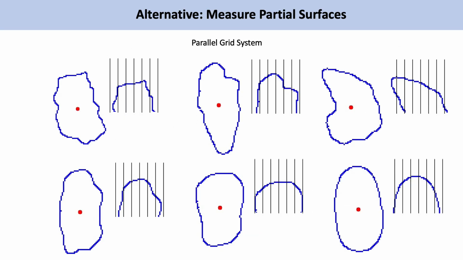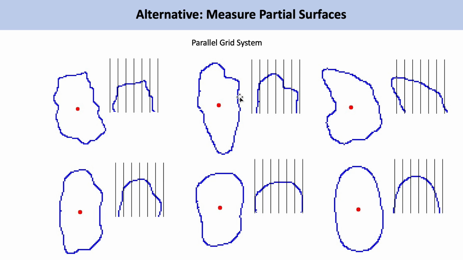Alternatively, instead of measuring the full shape, it is possible to measure just partial surfaces. In this case, on the right of each rock image is just the upper half, and we can measure just the upper half using LCPC. In this case, it's probably best to use a parallel grid system instead of the radial grid system, to get more coverage of the shape.